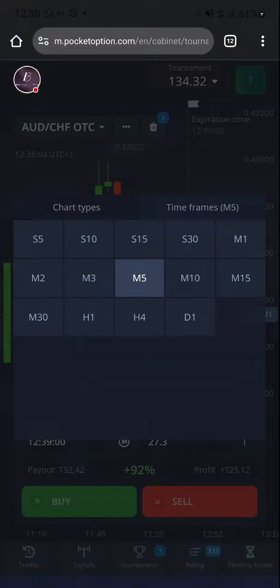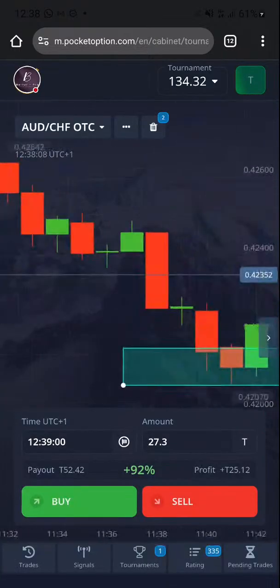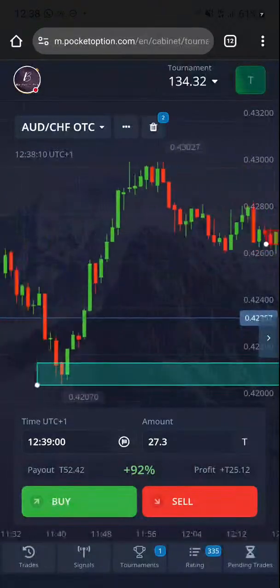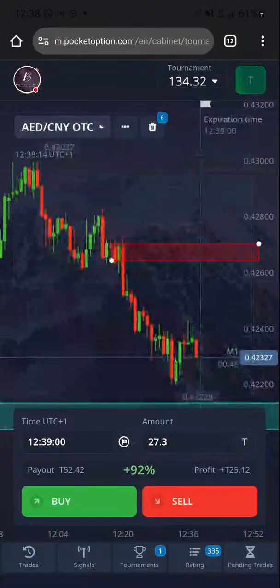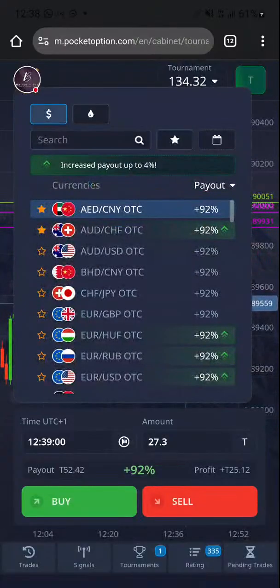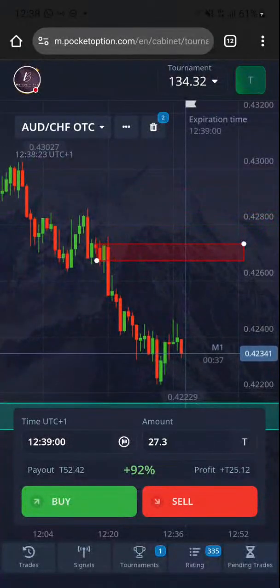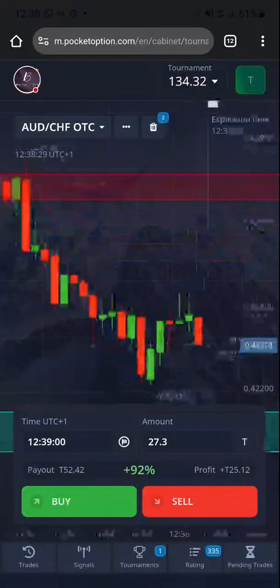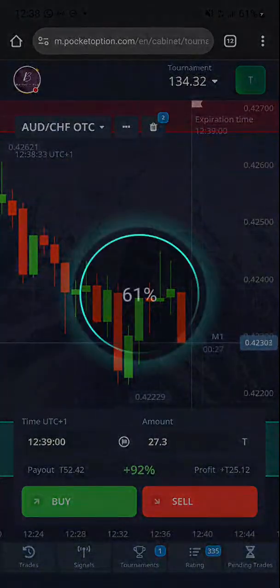I'm checking the higher time frame to see how I can best mark these areas properly. Okay, good. We'll mark this as another favorite.